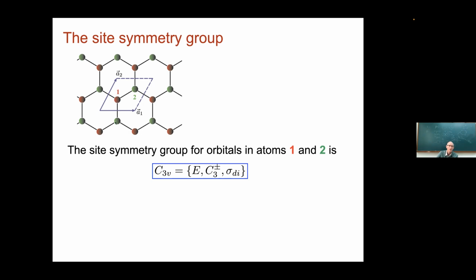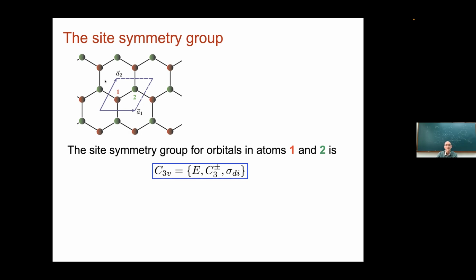In this direction, I have a nearby atom, it's a first neighbor. In this direction, this is a third neighbor. So the crystal field that the orbitals are feeling doesn't have at all the whole symmetry of the crystal. This reduced symmetry is the site symmetry group, okay? It is the local symmetry group, or the environment symmetry.